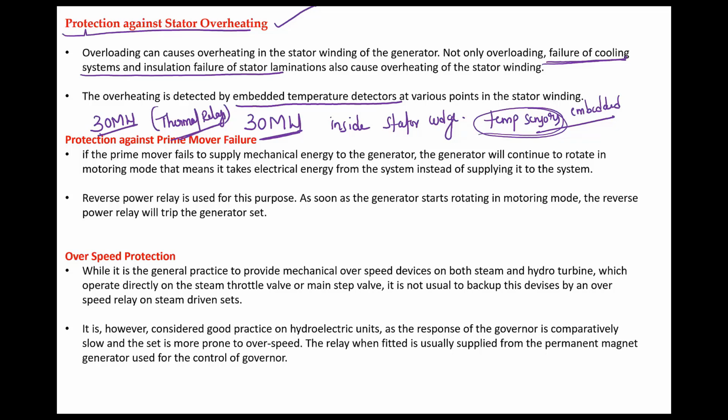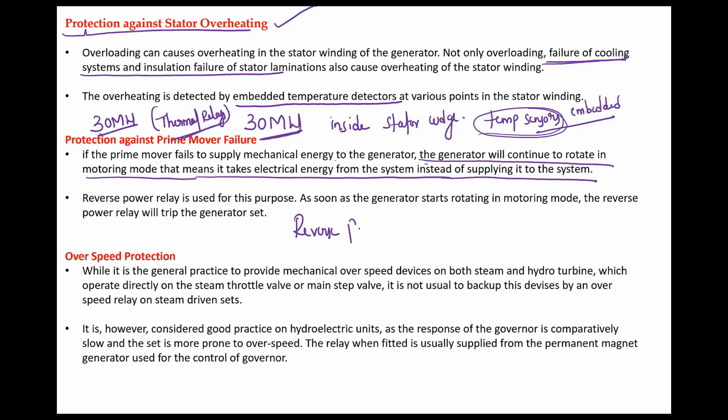So if the prime mover fails to supply mechanical energy, the generator will continue to rotate in motoring mode. This means it takes electrical energy from the system instead of supplying it to the system. In this case, what relay do we use? We simply use a directional relay. The directional relay which we use here to protect the generator from motoring mode is called the reverse power relay.